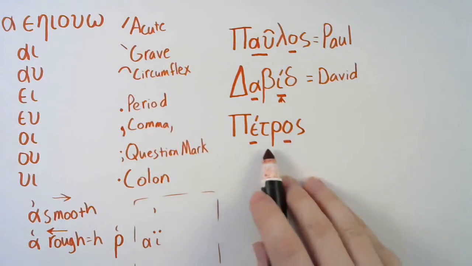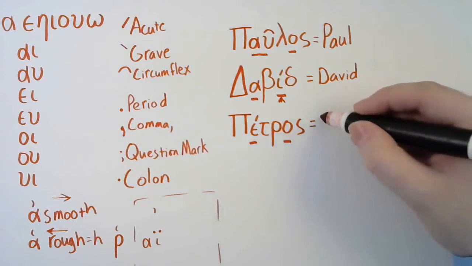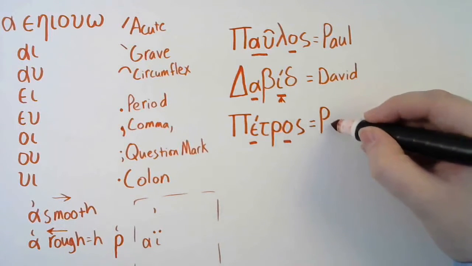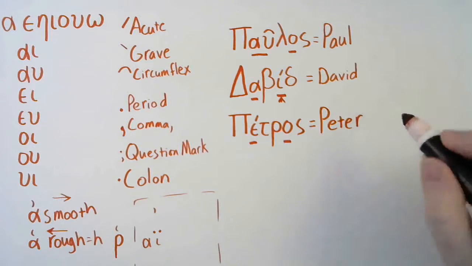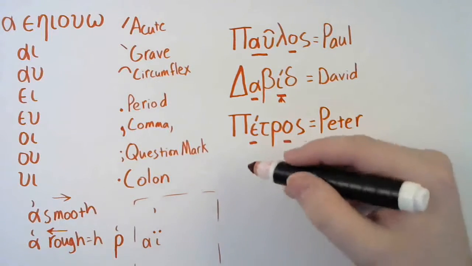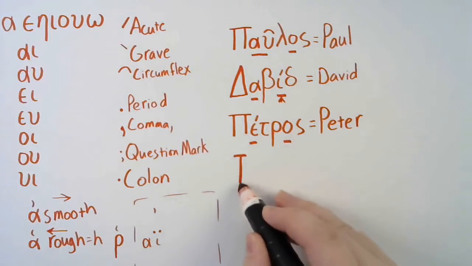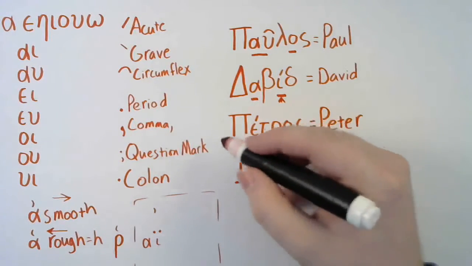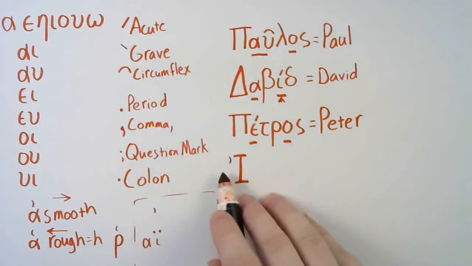Petros is the Greek spelling of the name Peter.